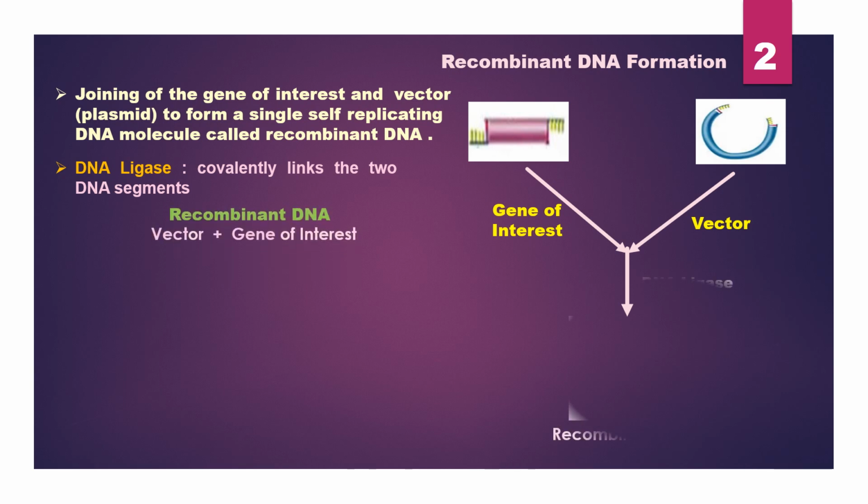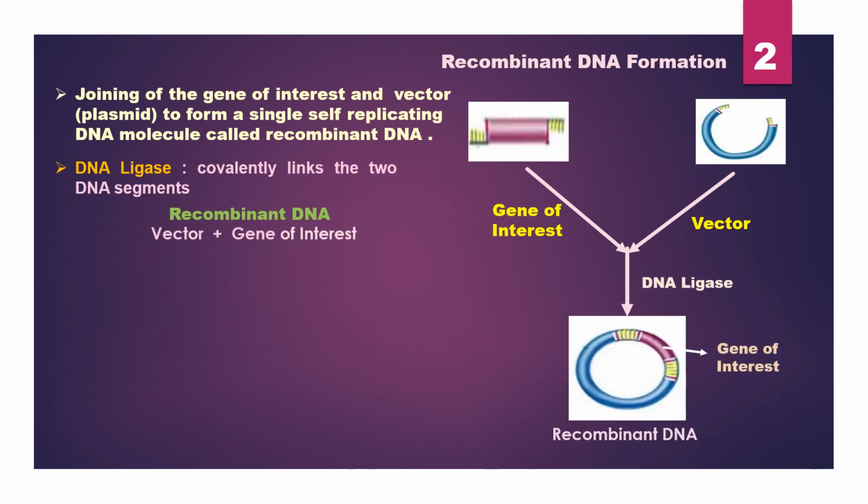The recombinant DNA molecule comprises the vector and the gene of interest, and the vector that is to be used as a carrier molecule has to have a few components that are very important. The first component is the presence of the ori site. The ori site gives the vector the ability to self-replicate in those cells.